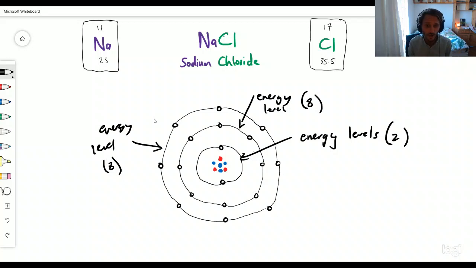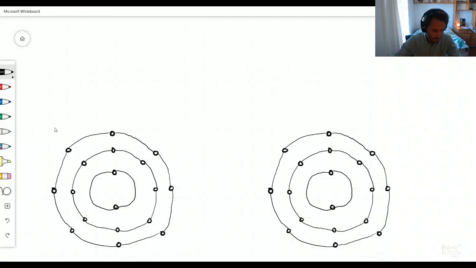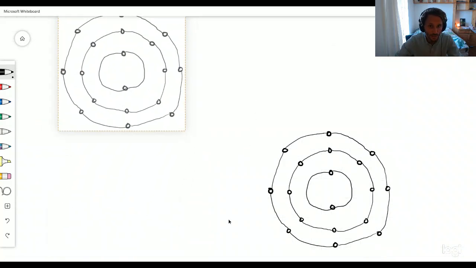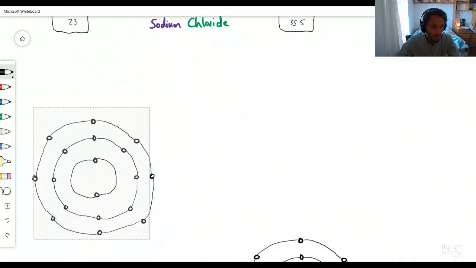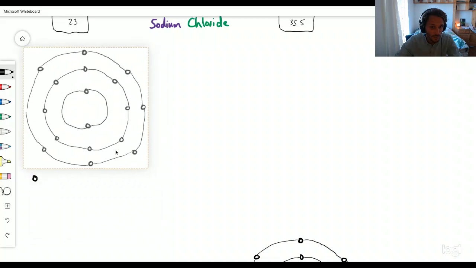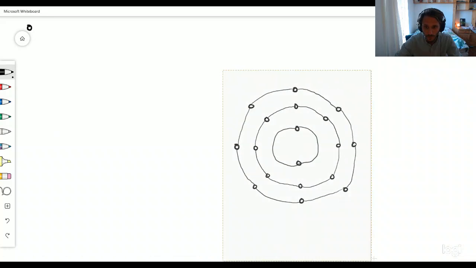Okay, so now let me get rid of this for now. I'm just going to highlight this and delete it, and then I'm going to take some pre-prepared electron configuration diagrams and put them underneath sodium, and put this other one under chlorine.